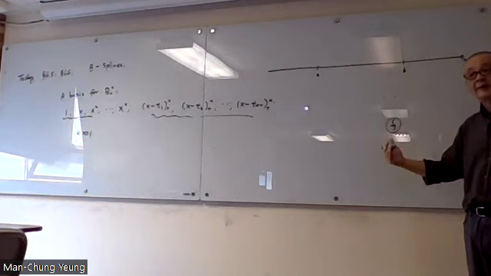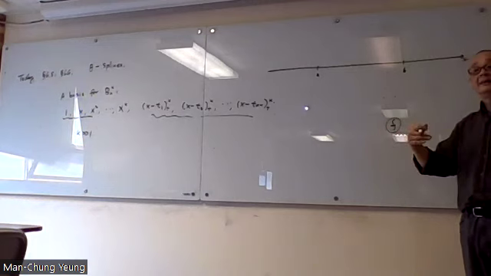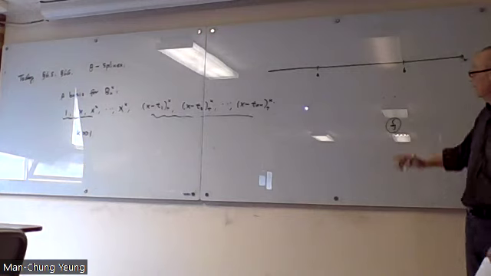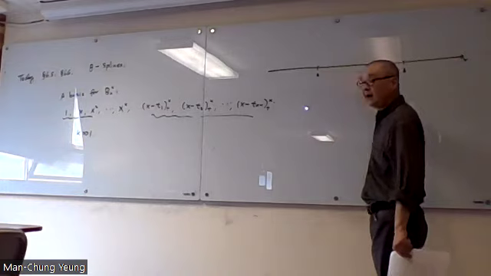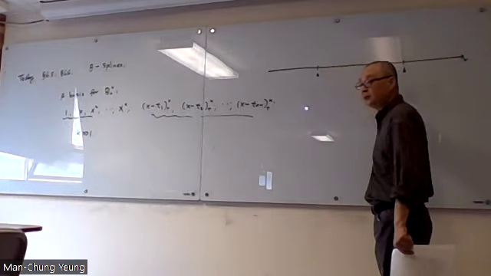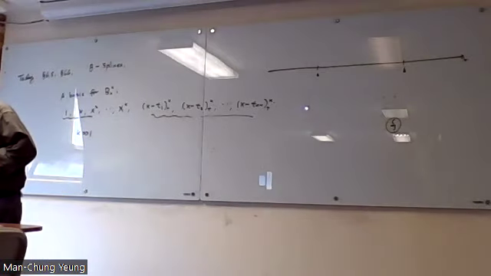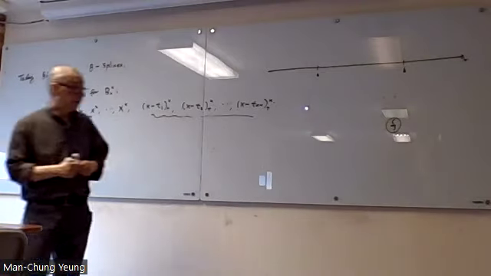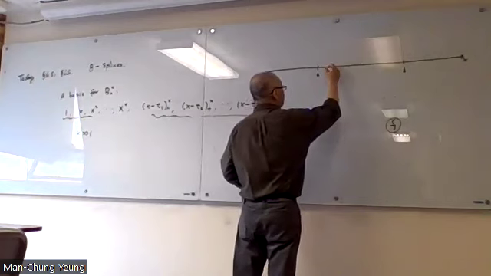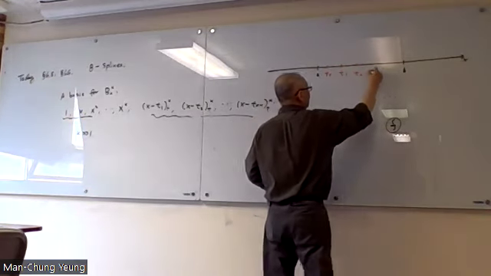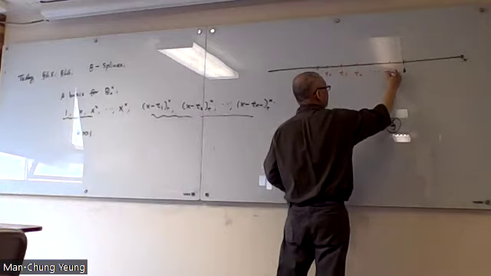From some experiments, we can collect some function values about this function. Now we cut the interval into subintervals: t0, t1, t2, and tn.